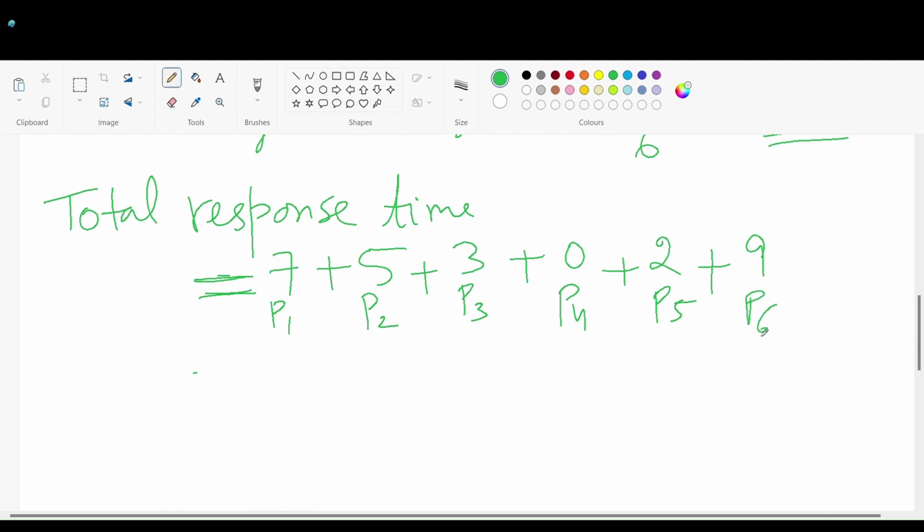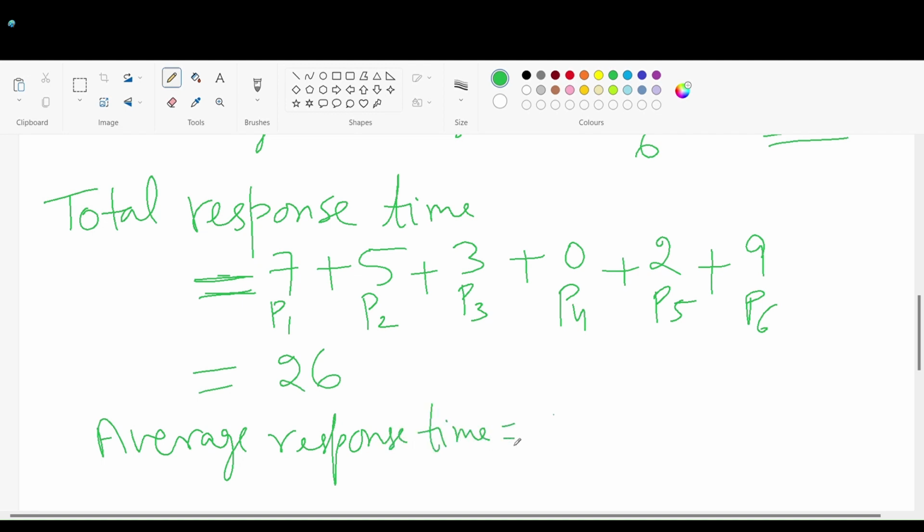So the total response time is 7 and 5, 12, and 3, 15, and 2, 17, 17 and 9. So the total response time is 26. So what is the average response time? Average response time is equal to 26 divided by 6. So 4.33 is the average response time.